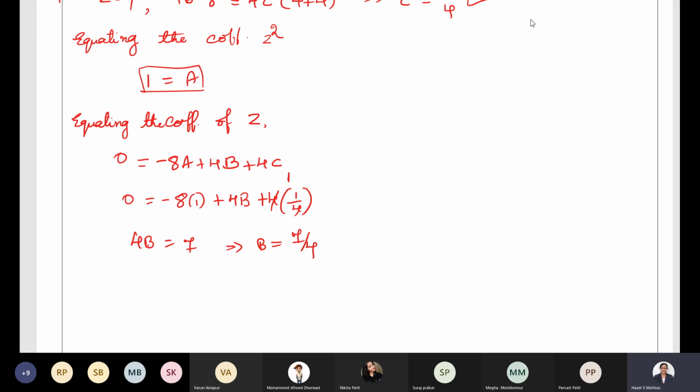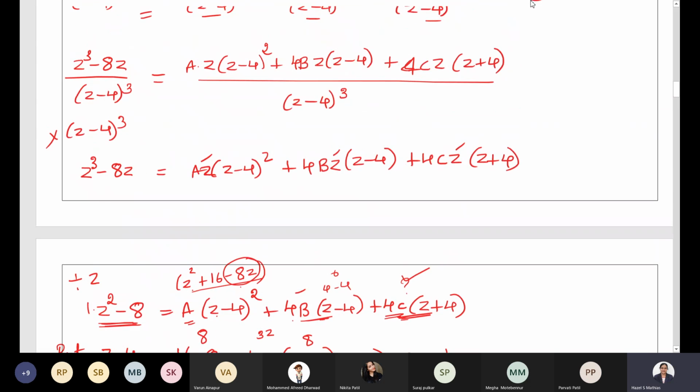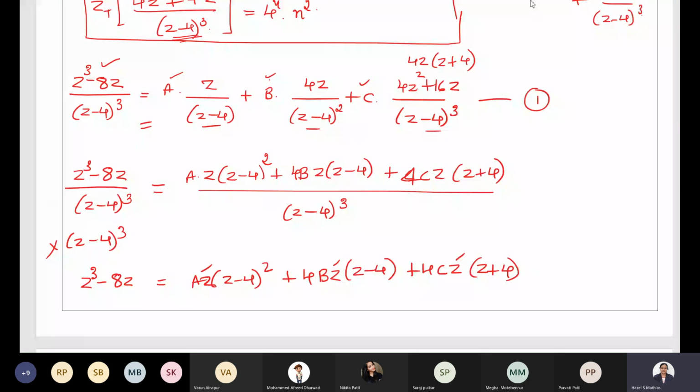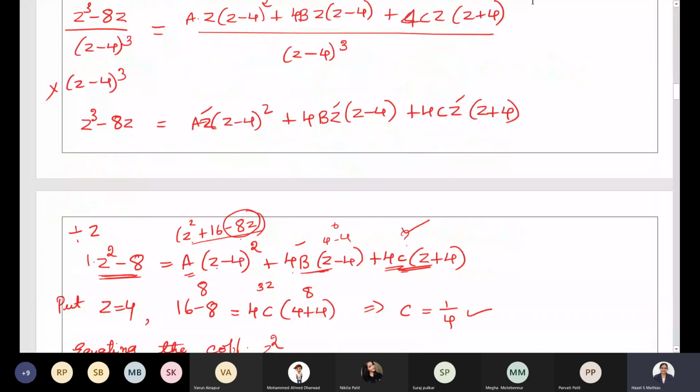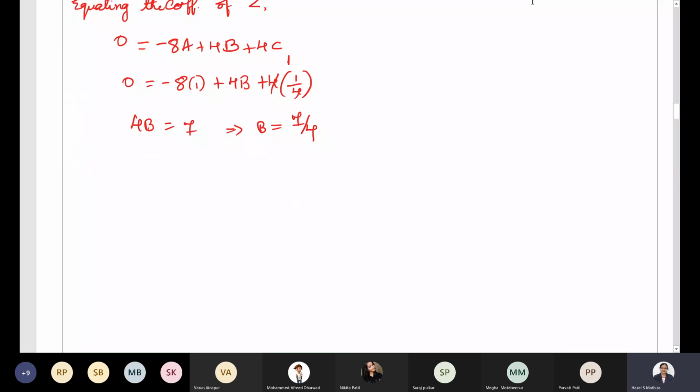Okay. Now let's substitute all the values of a, b and c over here, in this expression, expression 1. So what happens when we substitute the values of a, b and c?